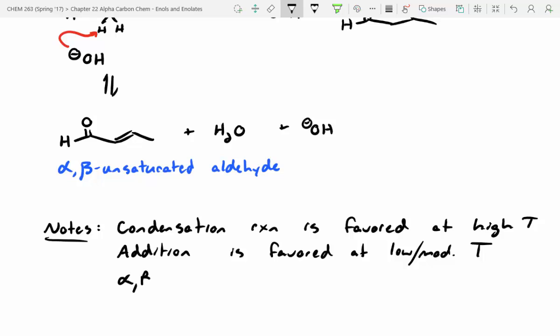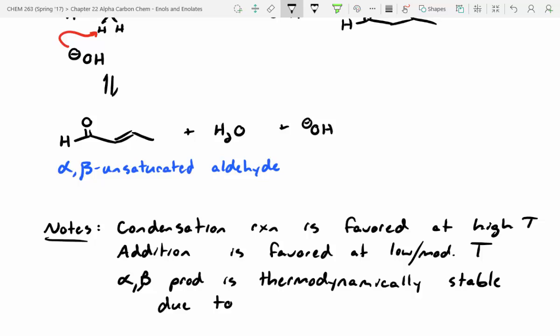So alpha beta product is thermodynamically stable due to conjugation. So these are the three main points you got to kind of keep track of when you're considering an aldol reaction, is whether or not there's heat applied.